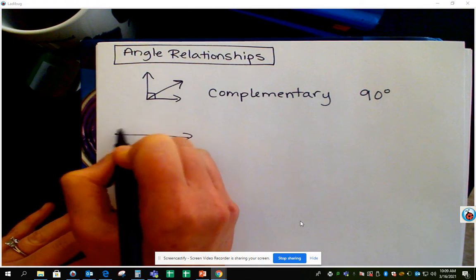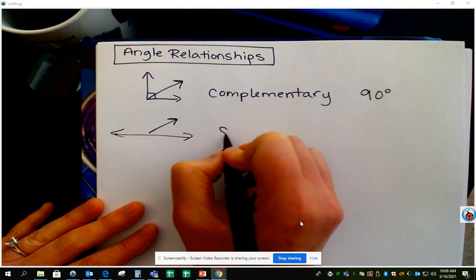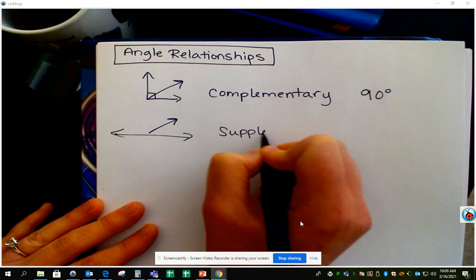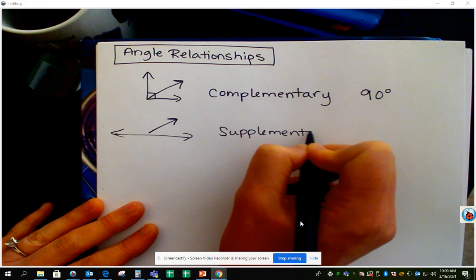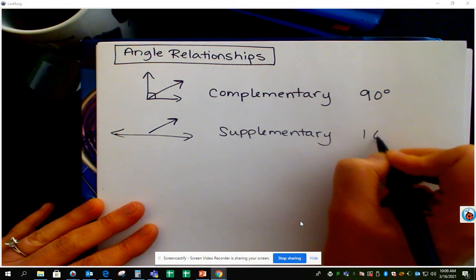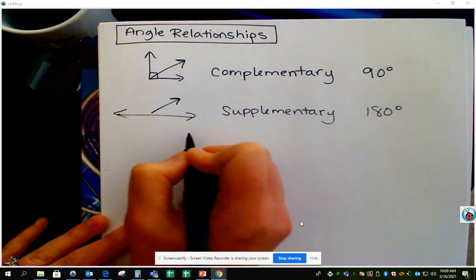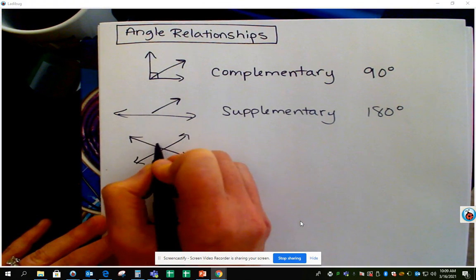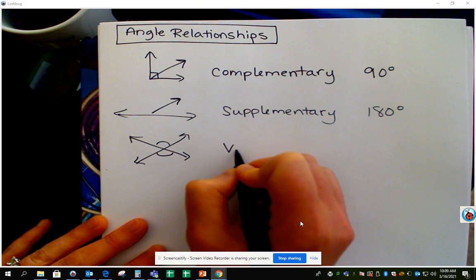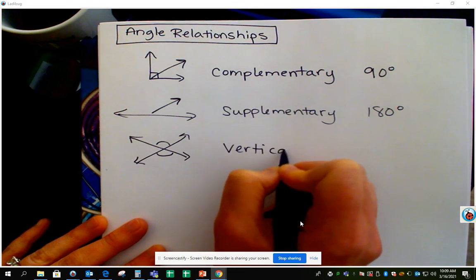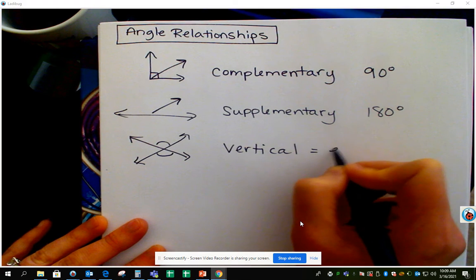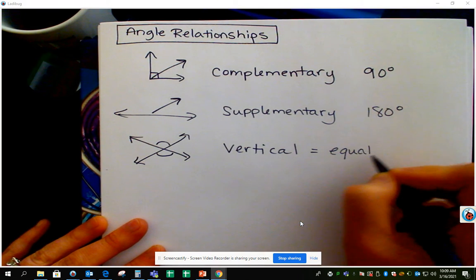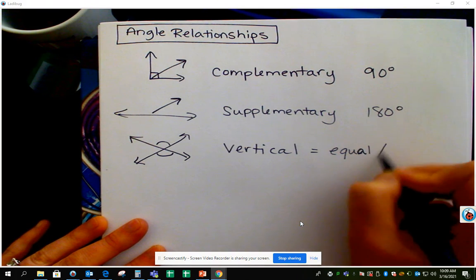Remember a straight angle. These are called supplementary. And they add to 180. And remember angles that are opposite each other like this are vertical angles. And they are equal, or that word congruent.